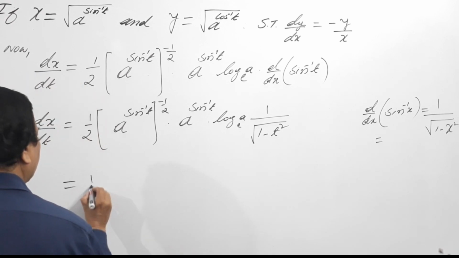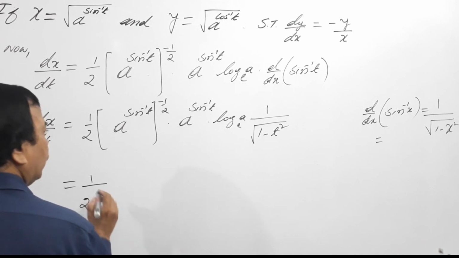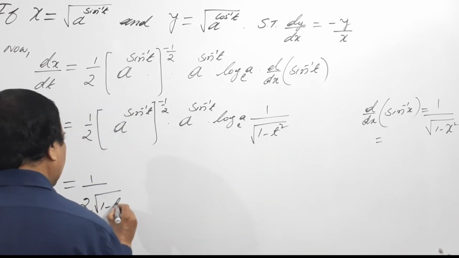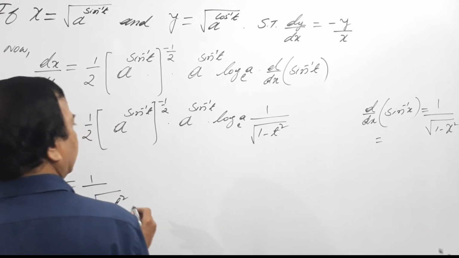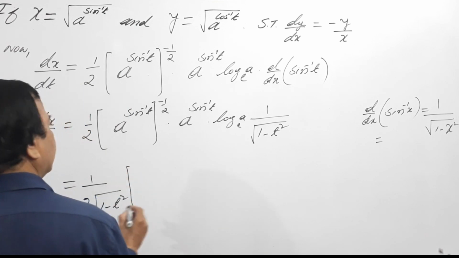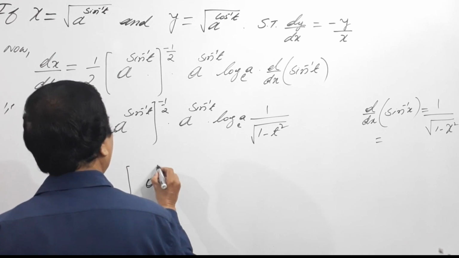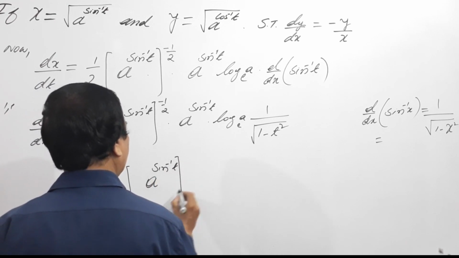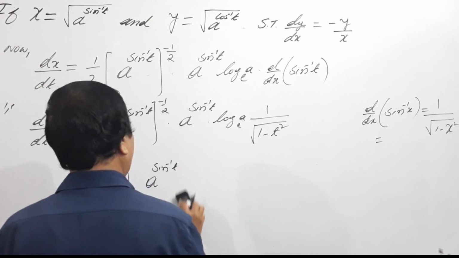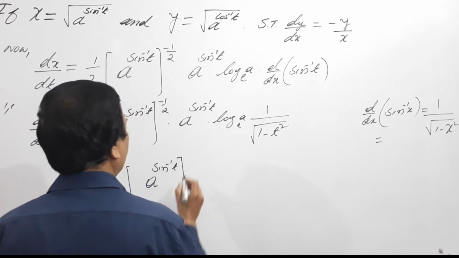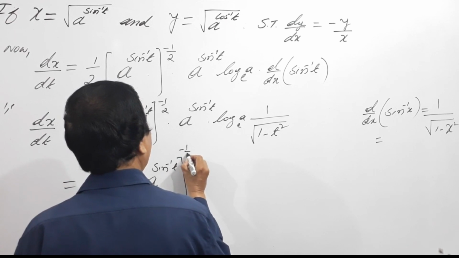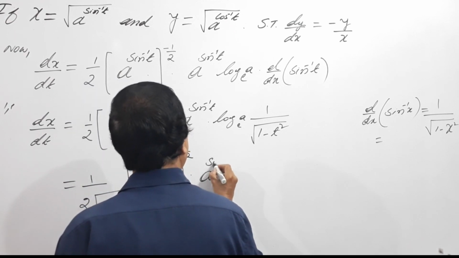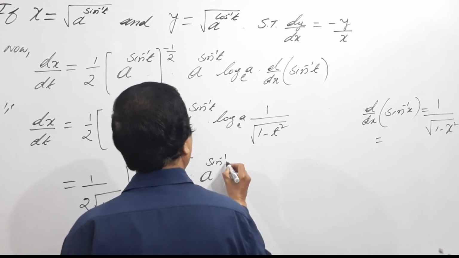This is equals to 1 by 2. I will bring this here itself. This will be 1 minus t square. I will take it outside. So this becomes a to the power of sin inverse t to the power of minus half into a to the power of sin inverse t.